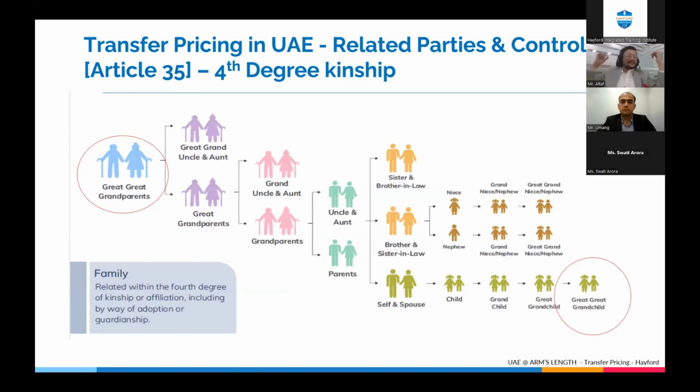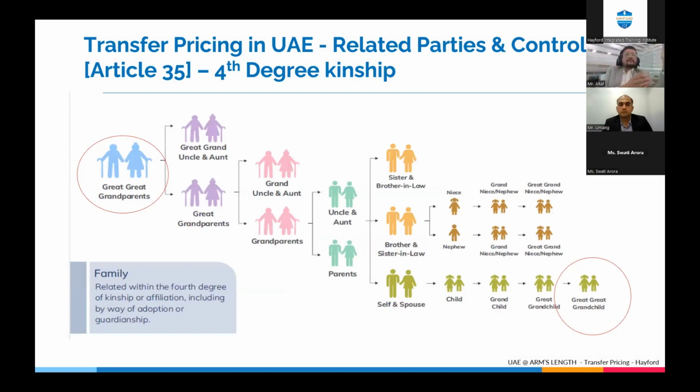Yeah, this is a very interesting, pictorial graphical representation of how this kinship rule would work. You can see on the extreme left, great grandparents are identified. Now, naturally, then the second level would come in. Actually, I would call it the third level.